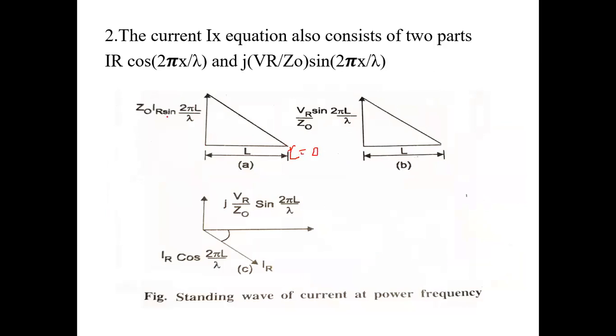When x is equal to L, the magnitude is Z naught into IR into sine 2 pi L by lambda. So if you join these two terminals, we can draw the vector diagram.